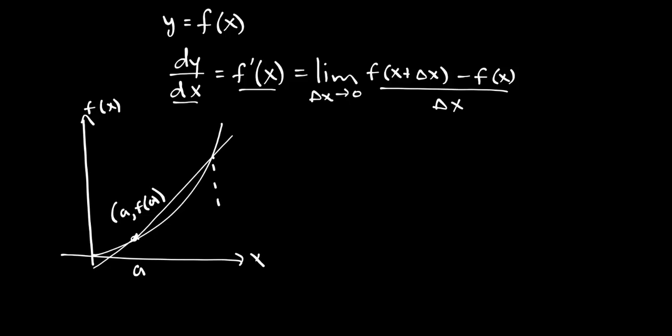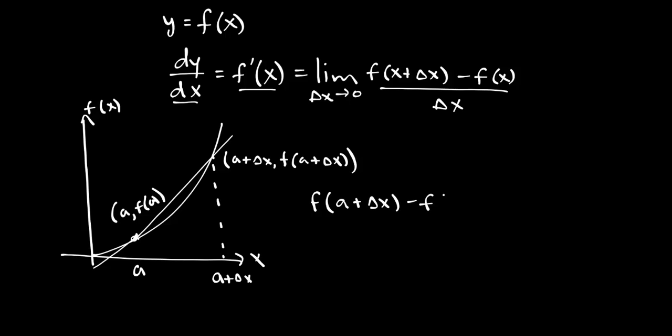And then we have another point over here, which is a plus delta x, and f of a plus delta x. And we talked about the slope of that secant. So if we're taking the slope of the secant, it's just going to be the change in y over the change in x. And the change in x, of course, is just delta x.